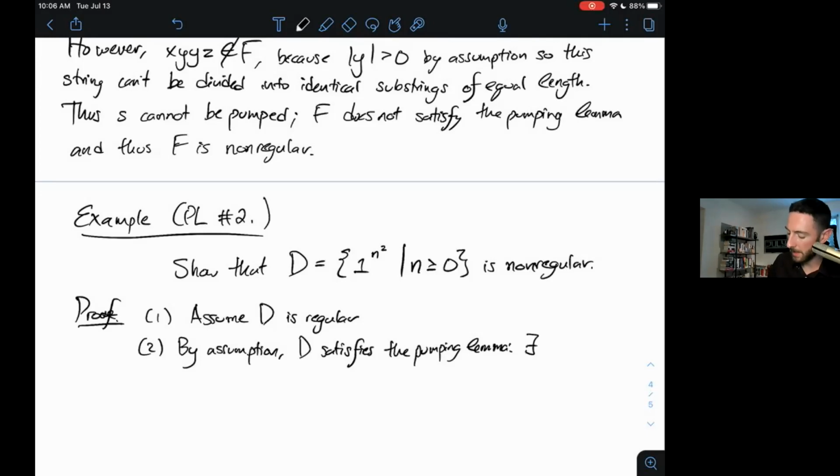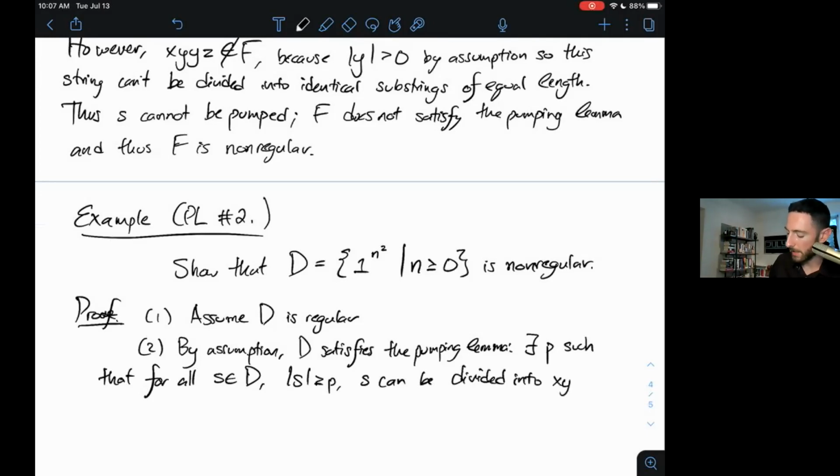So there exists a pumping length p such that for all s in D with the length of s at least the pumping length, s can be divided into x, y, z, satisfying y is greater than 0, xy is less than or equal to p, and x y^i z is in the language for all i.